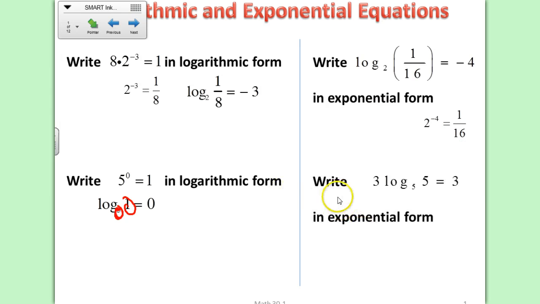So what about this statement? Well, it's a little bit trickier because you probably need to deal with this 3. You need to work with it, right? In exponential form, that doesn't even seem right. But you can't forget that in terms of laws of logs, I need to put this 3 on top of that 5.